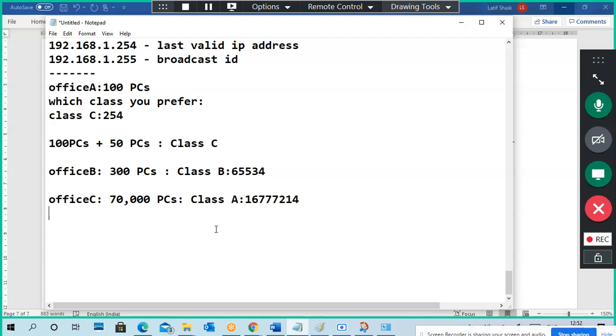But if you have more than 16,777,214 devices, then it is very difficult, and we have to do a few extra things, but that is another part. Better to keep in mind that generally the max limit is 16 million. Of course, we can connect more than that also by doing some adjustments.